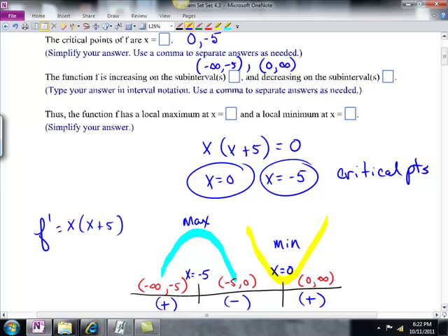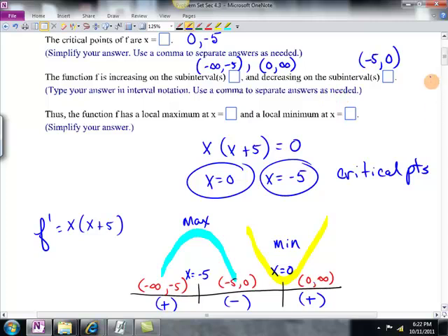That's where it's increasing. Positive in the derivative, increasing in the original. Where is it decreasing? Okay, it's decreasing from -5 to 0. Right here, because it's negative. Okay? Because it just said use a comma to separate answers.